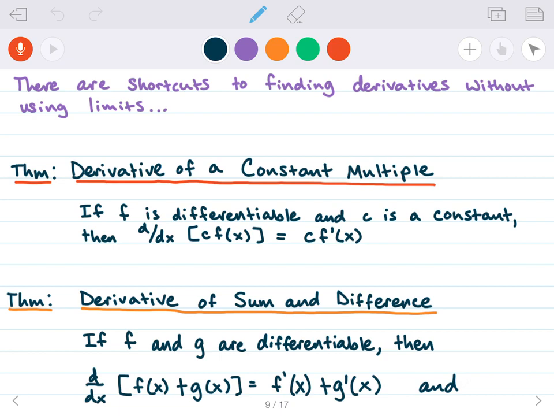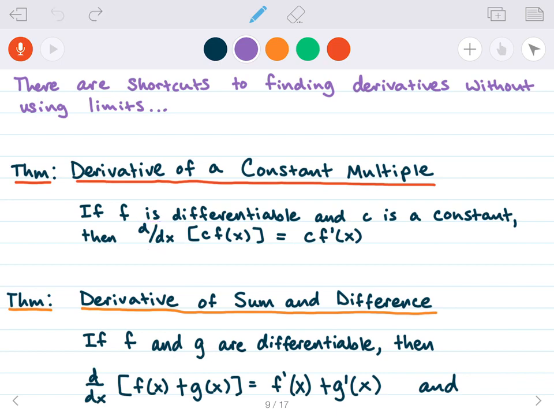Okay, we're going to do a bunch of examples with this, so it is a little abstract right now, but just keep in mind that we're going to do plenty of examples. And by the way, this just means the derivative with respect to x. Okay, so just keep that in mind.